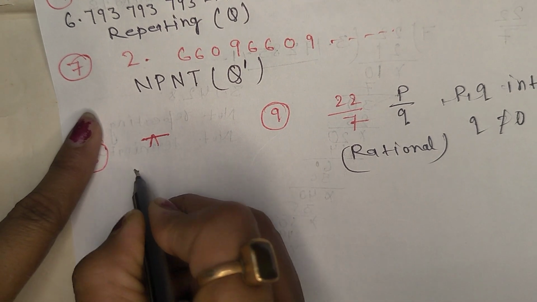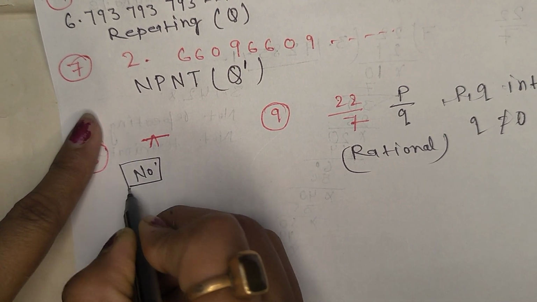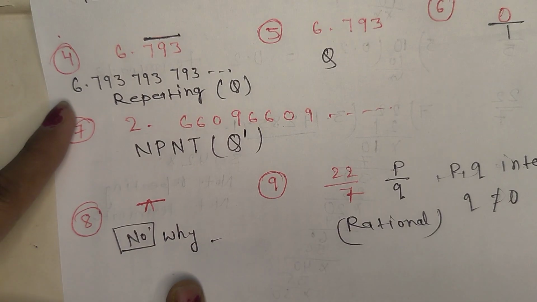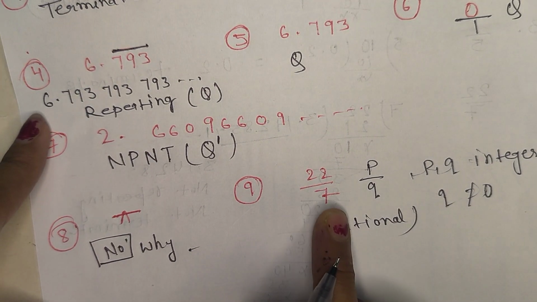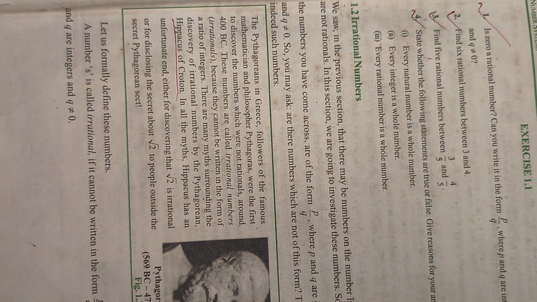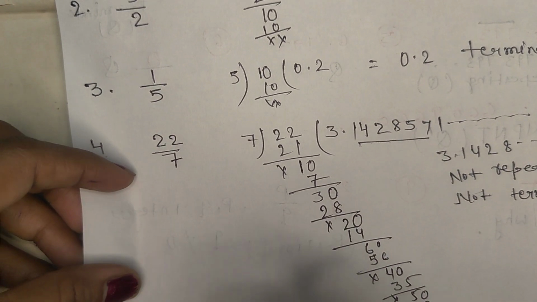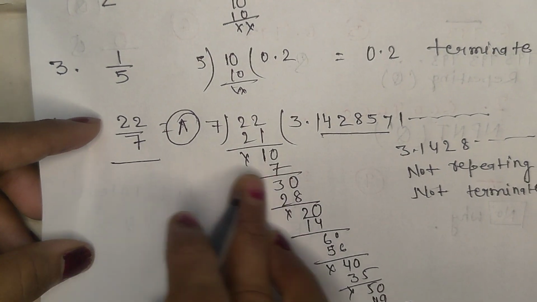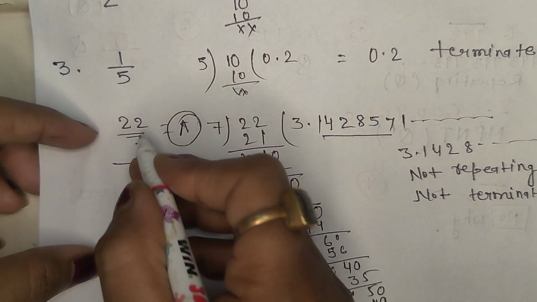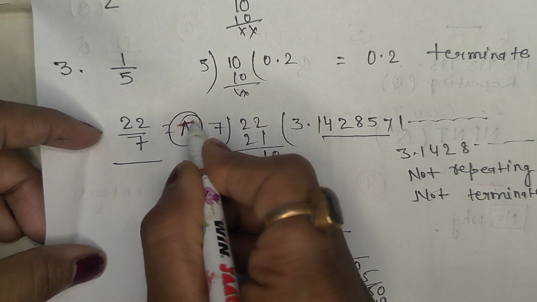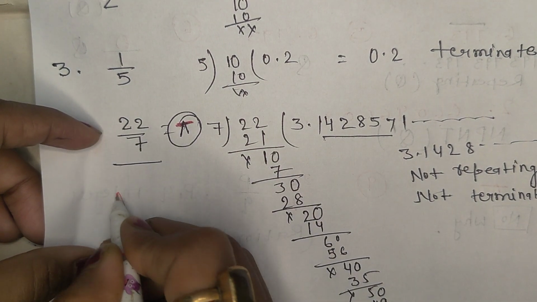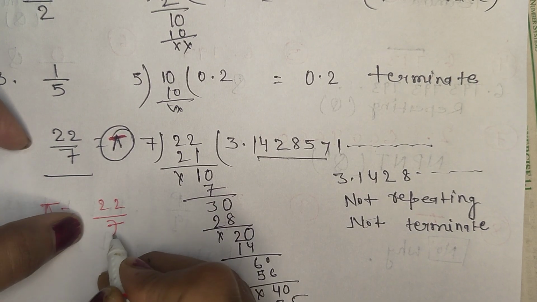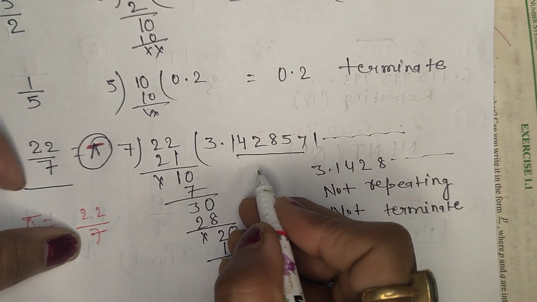No. Why? Because we take 22 by 7 for pi, but 22 by 7 is not the exact value of pi.